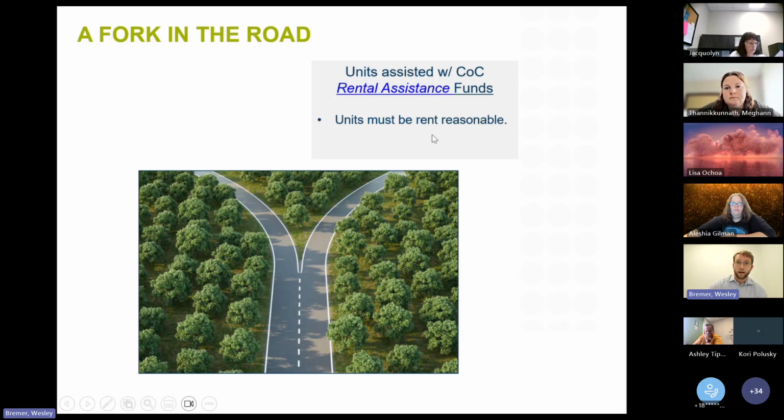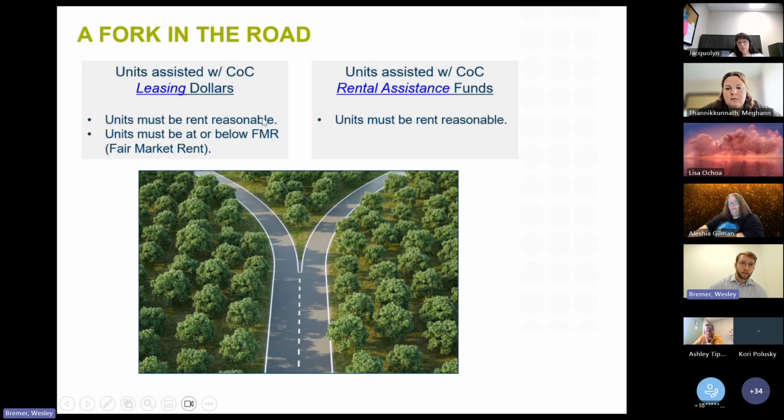So if a unit is assisted with rental assistance, only the rent reasonable standard applies. However, if your CoC project has leasing dollars and you're using leasing dollars to assist that unit, both rent standards apply, rent reasonableness and FMR.